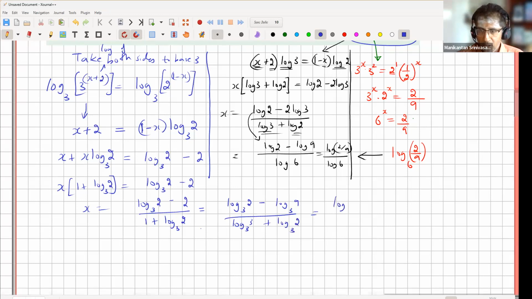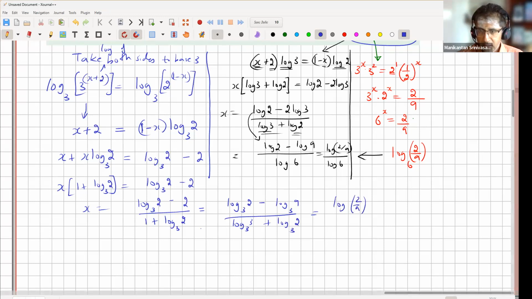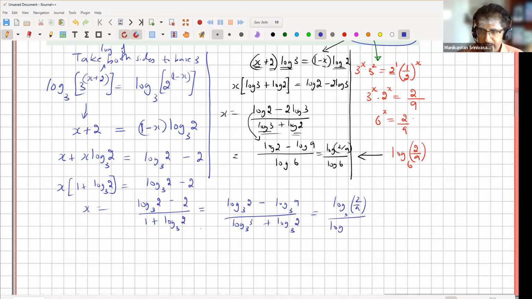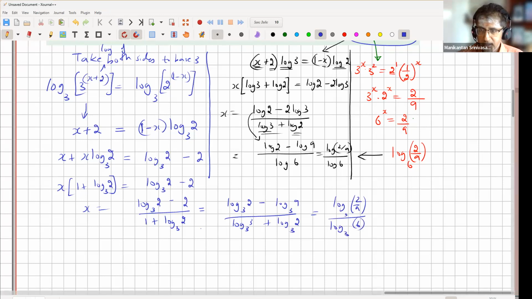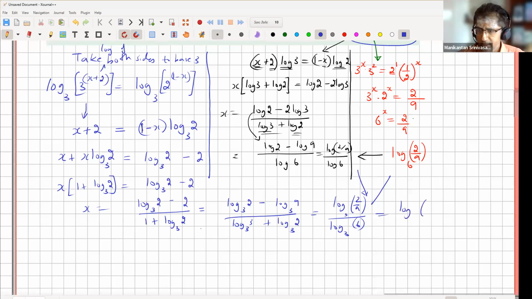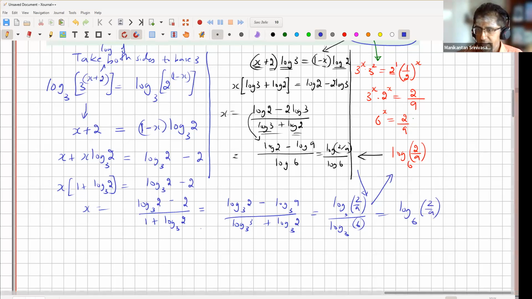And this is log of 2 by 9 to the base 3 upon log of 6 to the base 3, which is the same as any of these, right? Except that the base is 3 in this case instead of 10, or 6 in the earlier case. Just same as log of 2 by 9 to the base 6. You agree that all of these are same?